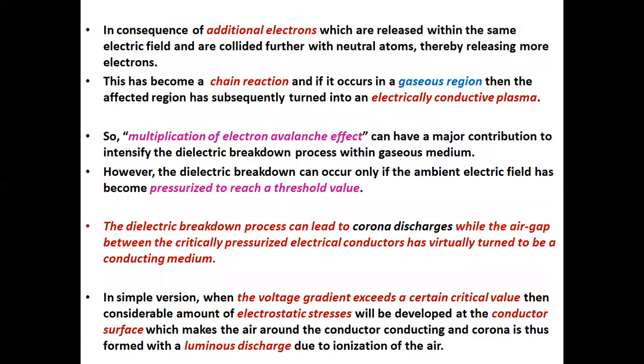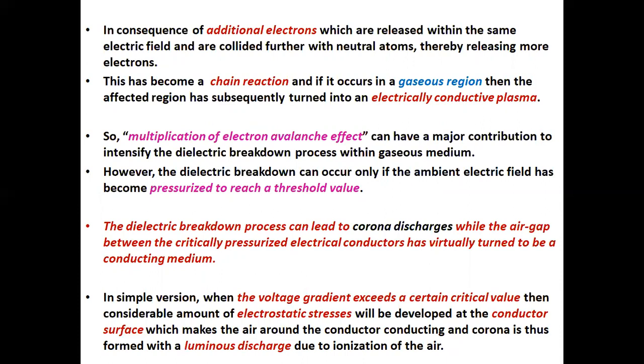In consequence, additional electrons are released within the same electric field and collide further with neutral atoms, thereby releasing more electrons. This becomes a chain reaction, and if it occurs in a gaseous region, then the affected region subsequently turns into an electrically conductive plasma.